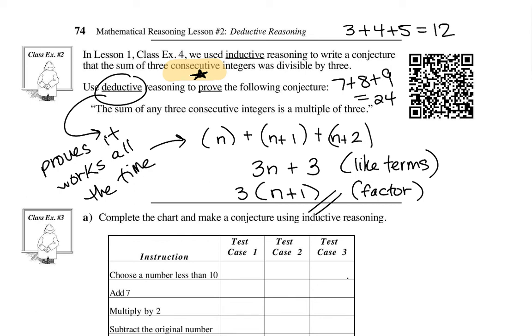Because what is n plus 1? That's just some number. And what if you take some number and times it by 3? Is it going to be divisible by 3? Yeah, because you just times it by 3. That number will be divisible by 3. So I'll write that for you.